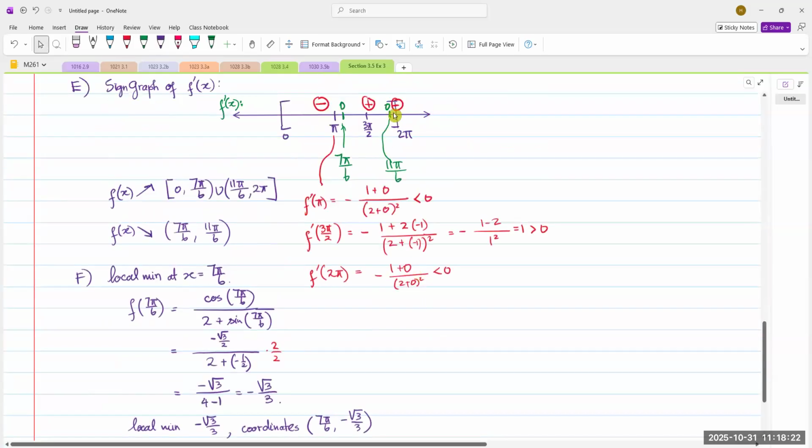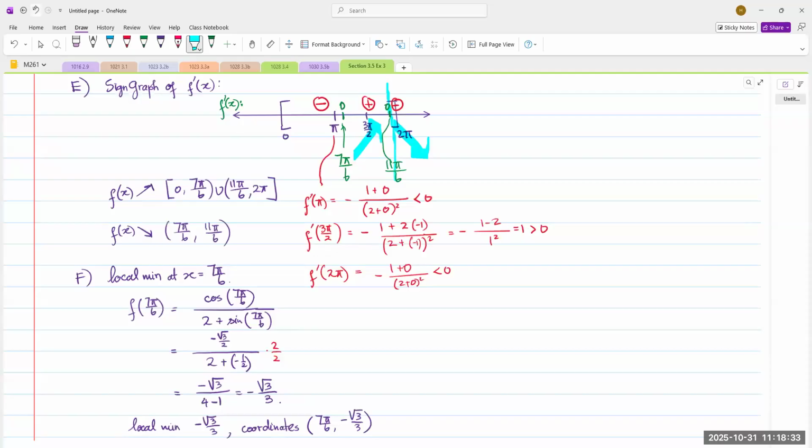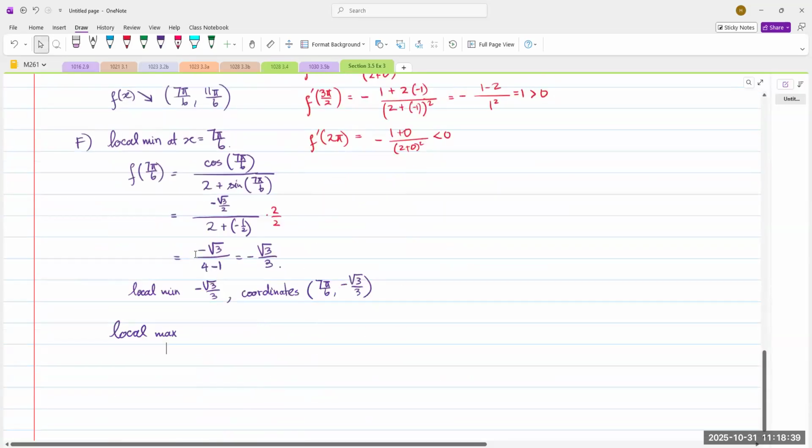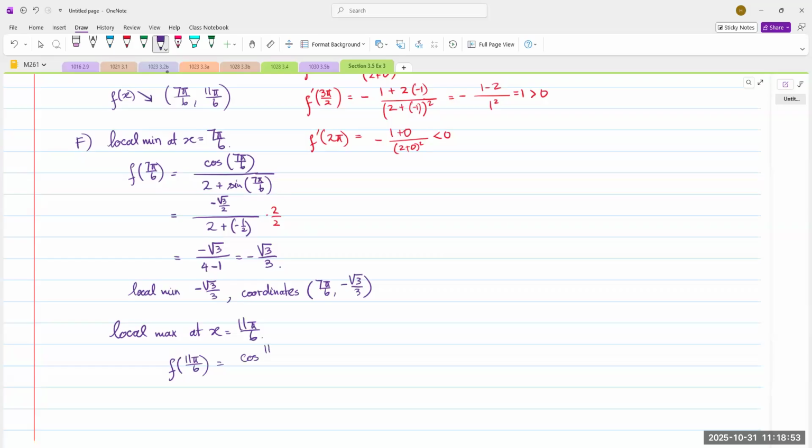Local max, as we see here, the slope is positive and then becomes negative at the transition at 11 pi over 6, right? So that will be a local max at x equals 11 pi over 6. So f of 11 pi over 6 is cosine 11 pi over 6 over 2 plus sine 11 pi over 6.